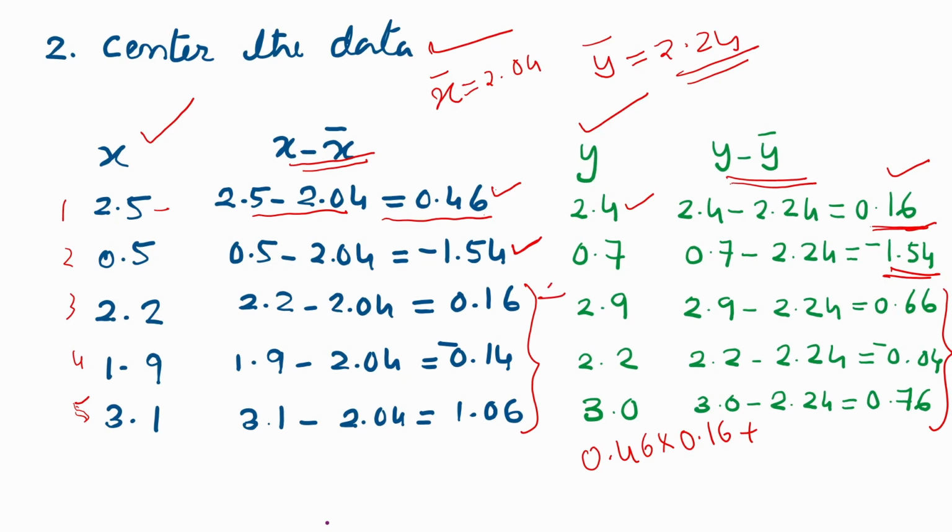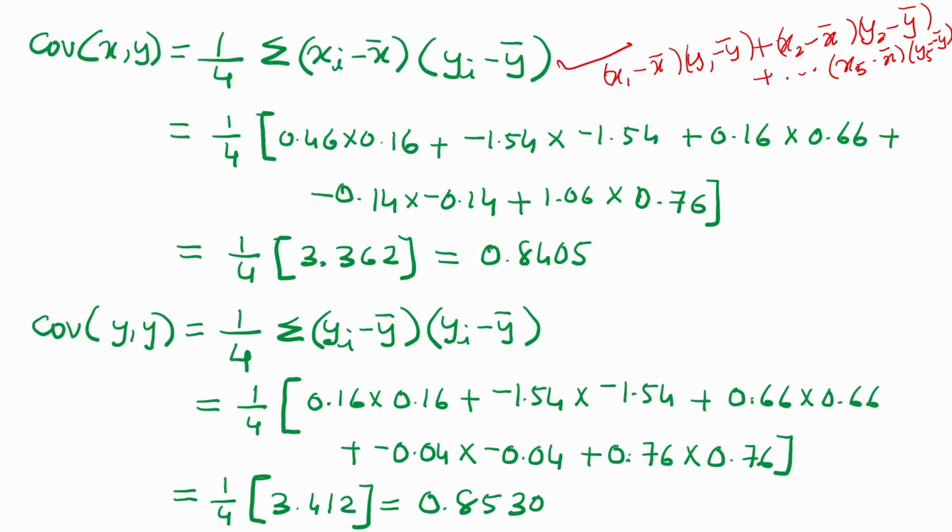The third one is 0.16 into 0.66, plus minus 0.14 into minus 0.04, plus 1.06 into 0.76. So that is what we have got here. You can see all this summation we have done, and when you do the summation, this is what you get. So covariance x comma y, we got it like this.